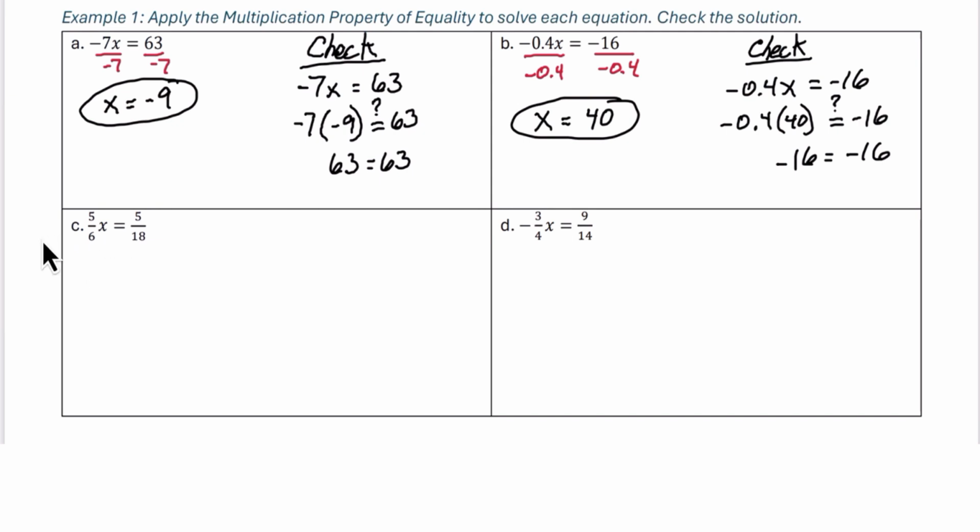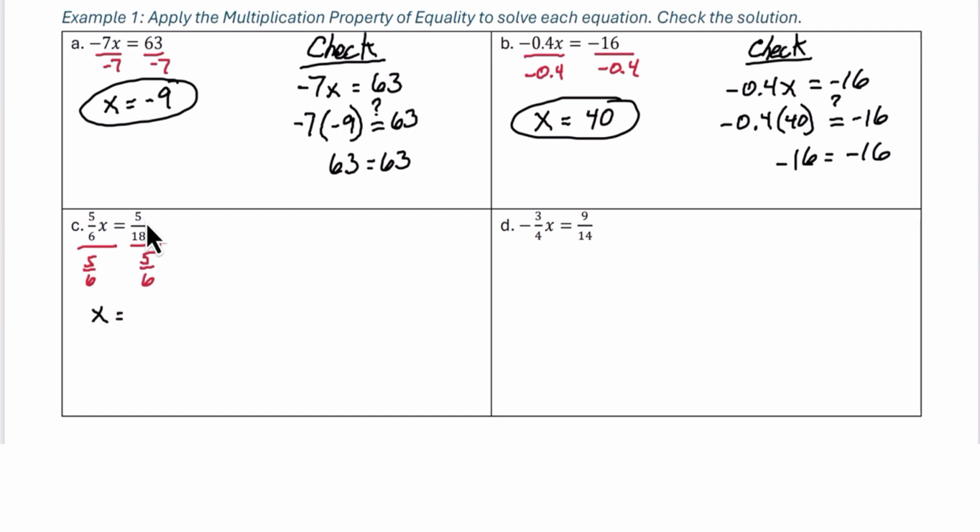To undo that, we divide by the coefficient, 5/6. If we do it on the left, we need to do it on the right side as well. Now on the left, 5/6x divided by 5/6, those fractions are the same. When we divide a number by itself, we get 1. So this is just x equals.